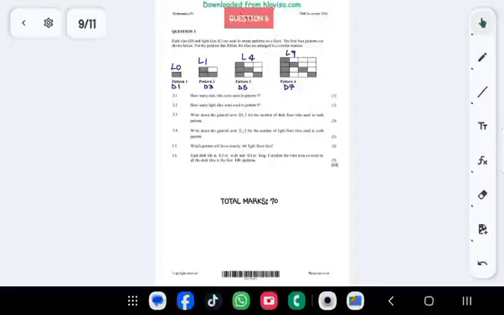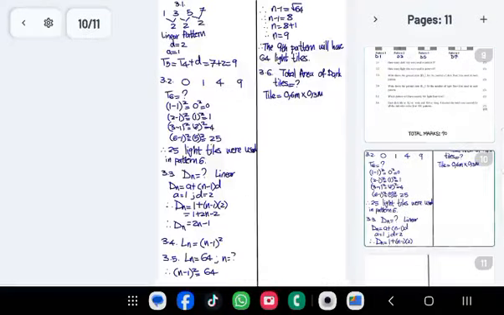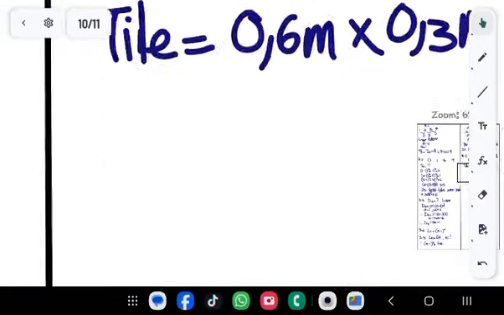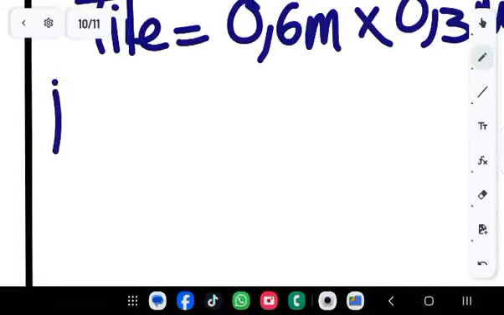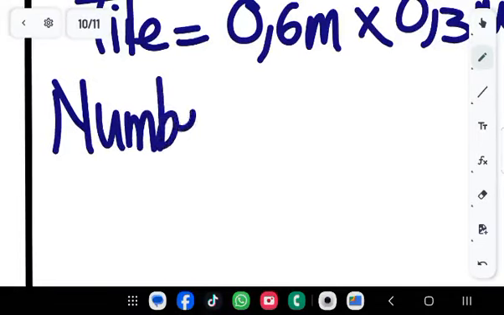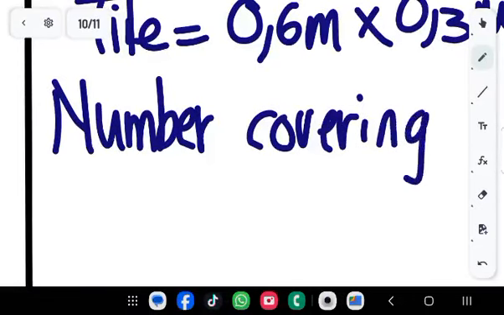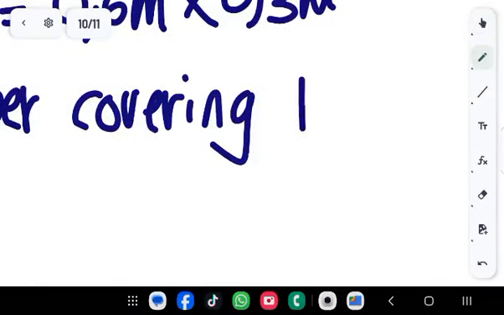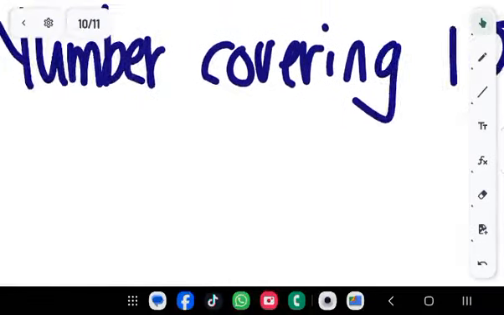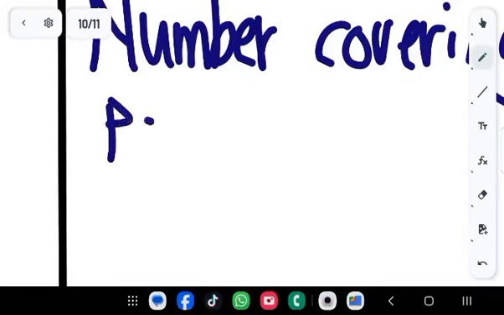The duct tiles covering 100 patterns. Remember, it's 100 patterns.